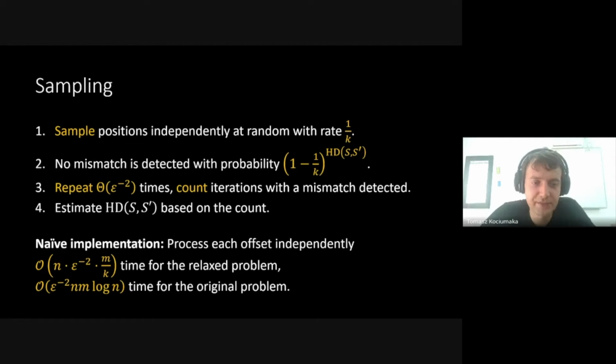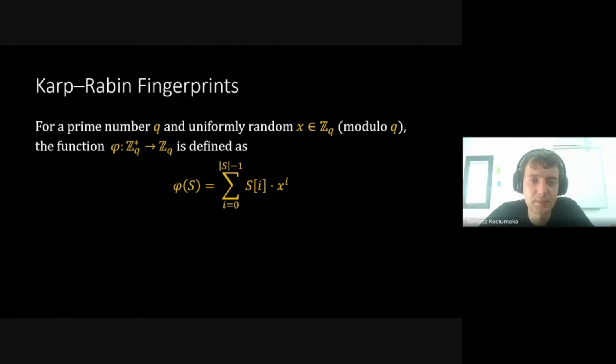And for the original problem, if we boost the probability and consider all the thresholds k, then we get something which is even worse than the naive algorithm, just computing everything position by position. So not very interesting. But sampling has already been used in combination with more tools, including fingerprints.